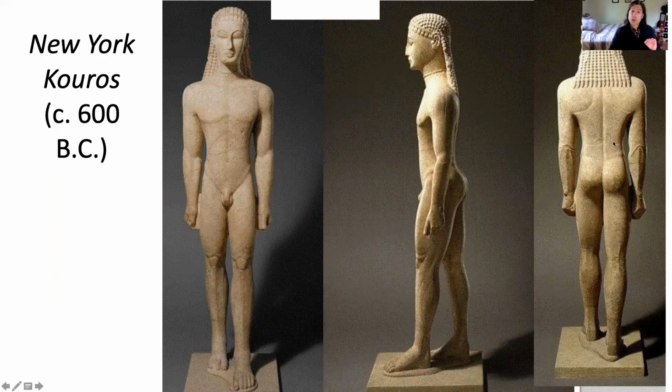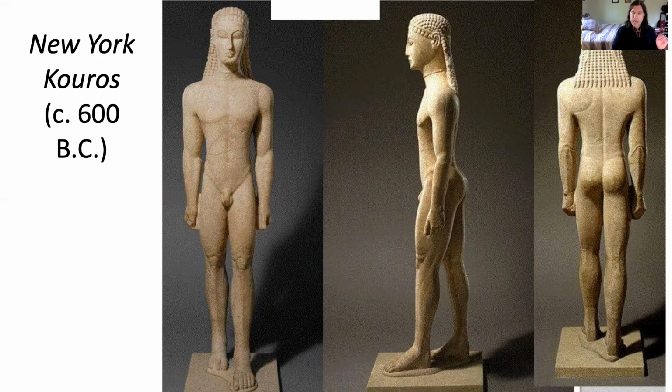And again, we're going to start in the Archaic period, and then we're going to move on into the Classical. So here is the so-called New York Kouros, called that not, of course, because it was created in New York, but because it is currently housed at the Metropolitan Museum of Art in New York. Now, this is a kouros sculpture. This is not totally unique.